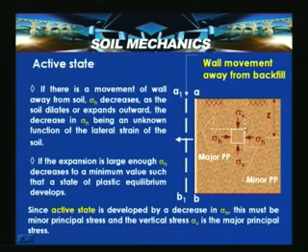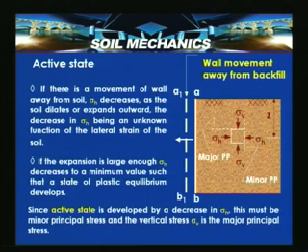So, here if you look, this is the minor principal plane because sigma h is decreasing. The reason for the decrease is that the movement is opposed by the shear resistance of the soil. So, because of that there is a decrease in sigma h. The active state is developed by the decrease in sigma h, so sigma h becomes minor and sigma v becomes major.